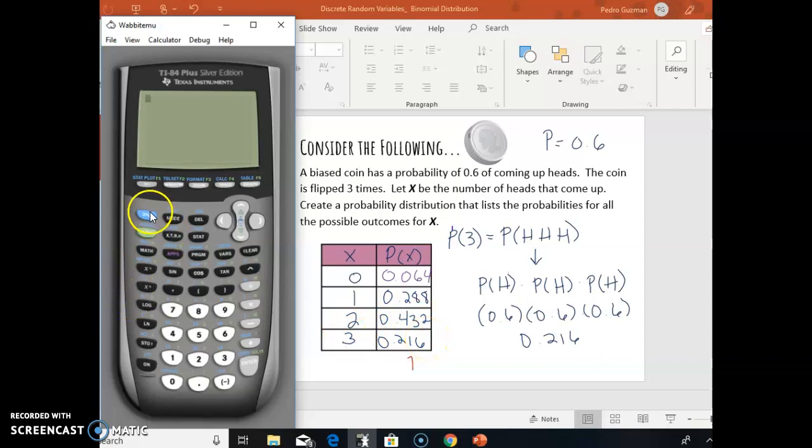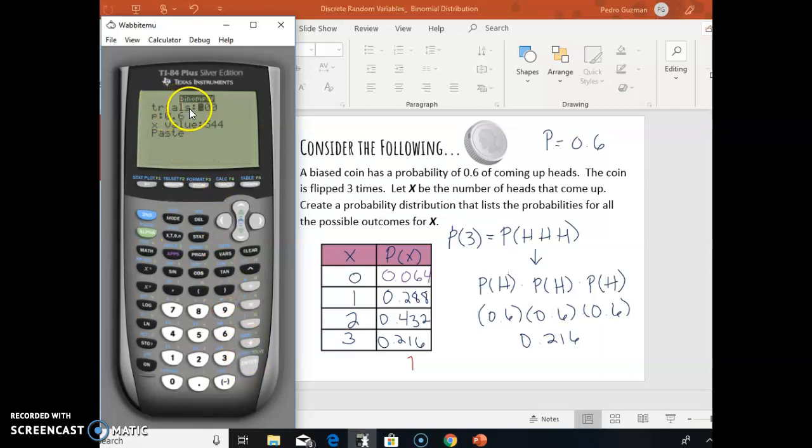So to find the probability of exactly 0 heads, we do second vars. Vars is right here next to the clear button, so it's towards the right side. Now you can scroll up until you get to binom PDF. Make sure you choose PDF, not CDF. There is a difference.